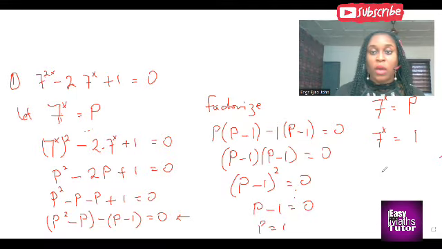And then remember our zero law of indices, which states that any number raised to the power 0 is equal to 1. So we have 7 raised to the power x is equal to 7 raised to the power 0. That's 1. Therefore, if we cross this out, x is equal to 0. And that is our final answer.